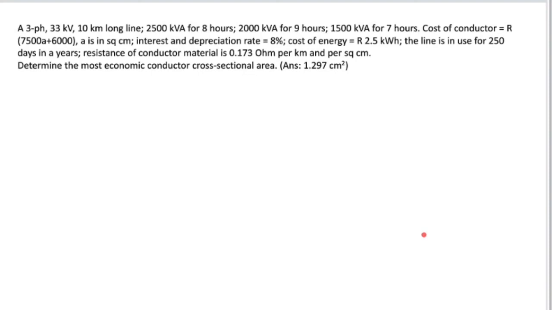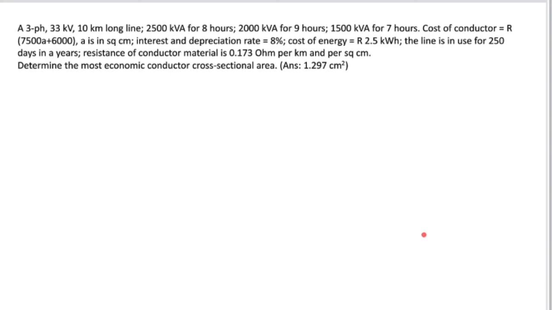Others are usual. Cost of conductor is 7500 A plus 6000 per kilometer, and the cross-sectional area is in square centimeters. You must always look at that. The interest and depreciation is given as 8%.